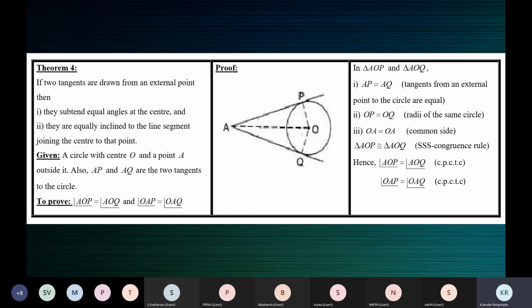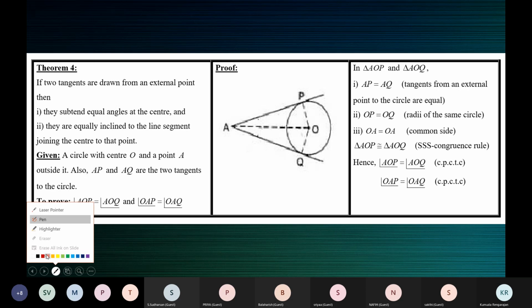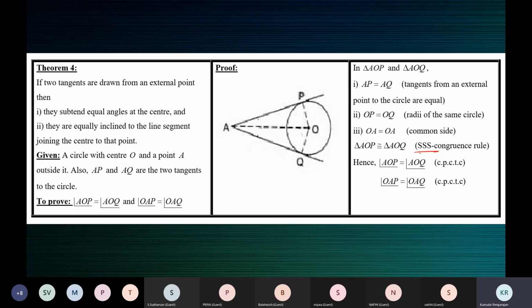Here I've used the SSS congruence rule. Since you have a lot of information, here I've listed the equalities that satisfy the SSS congruence rule. You can also, if you mark this one as 90 degrees and this one as 90, say this side, this angle and this side, SAS, or RHS.